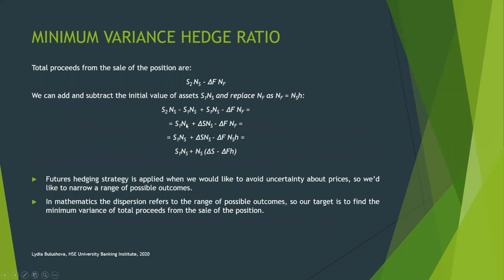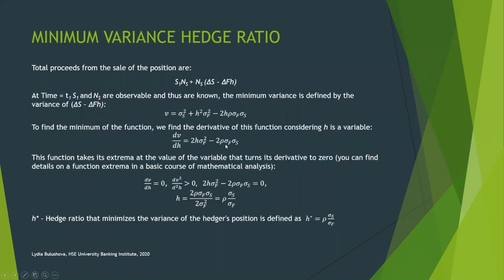Why? Because of this line. It just turned out that it can be expressed as follows. So this part is fixed, right? That's the number of assets and the initial price, and we cannot affect this part.